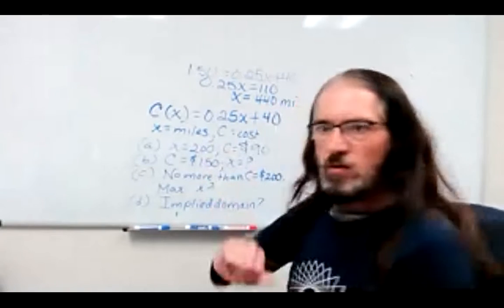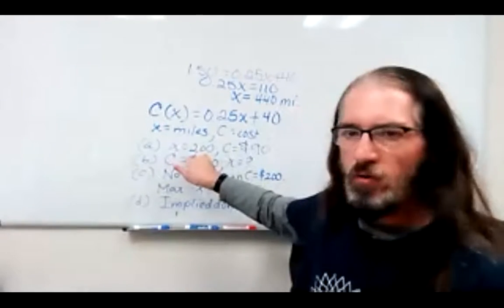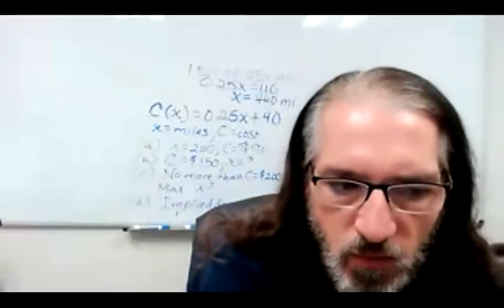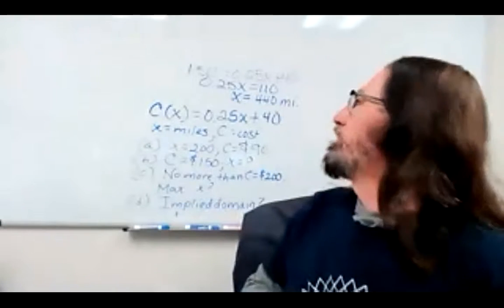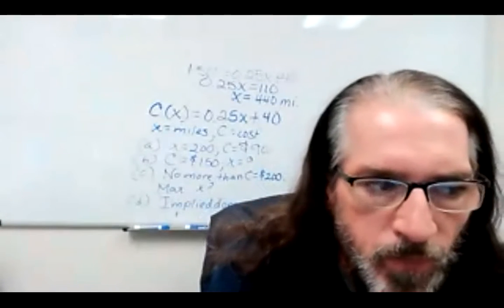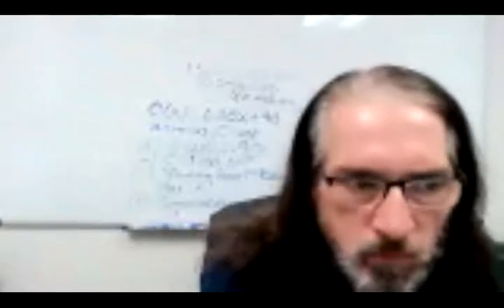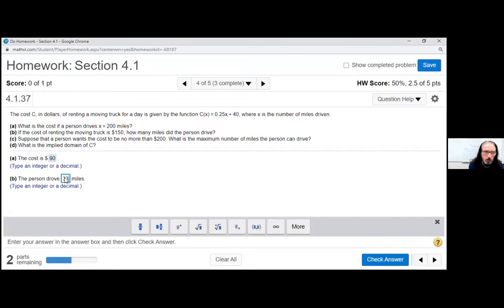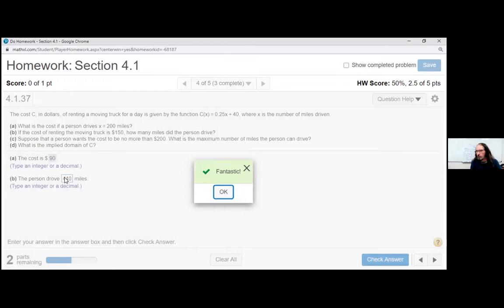That does at least beat the 200 miles, which was my guess. Let's see if I've got it exactly correct, though. So 440. Putting that in. Good to go. So on to part C.